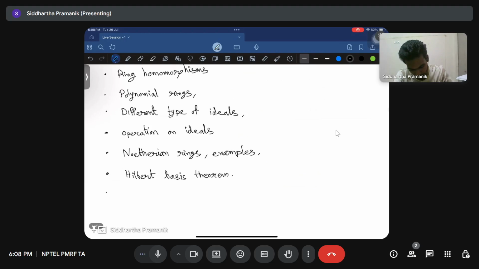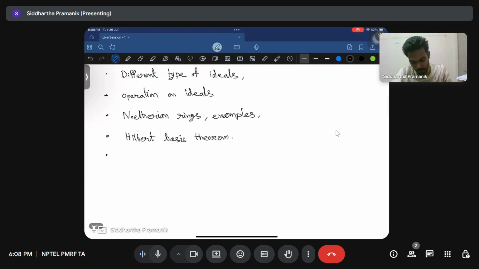Then we talked about the proof, which we will do in a special case. For that we first proved Dickson's lemma. Then we talked about monomial ideals and monomial ordering.